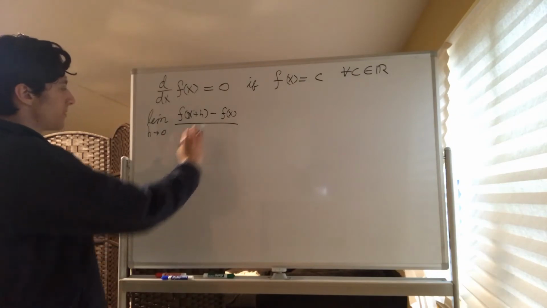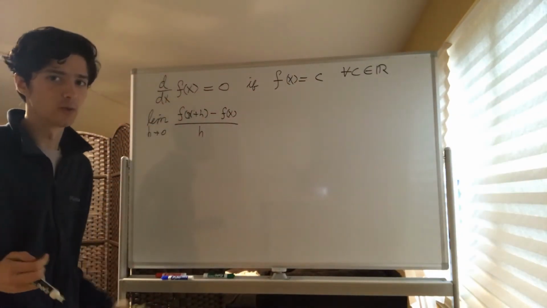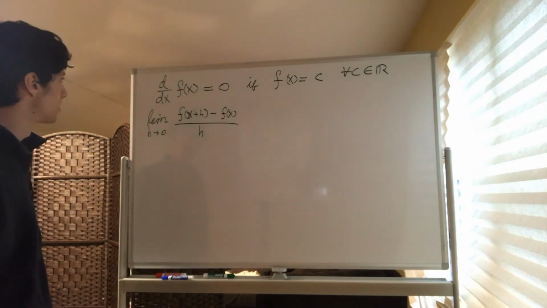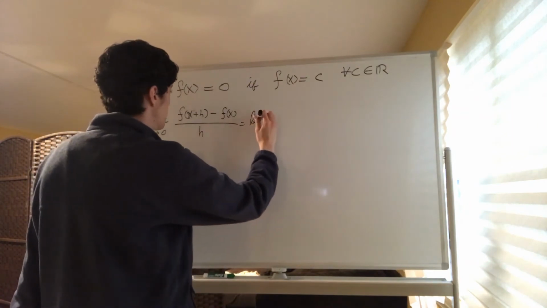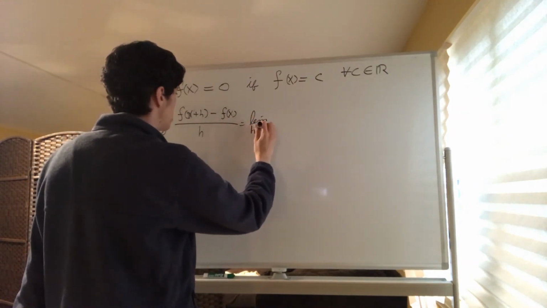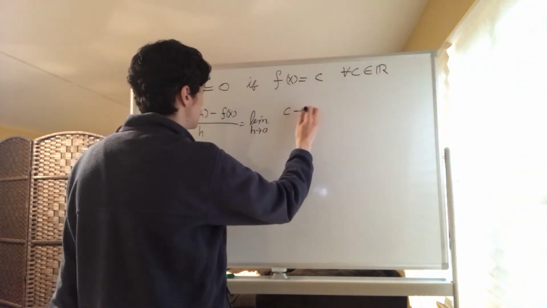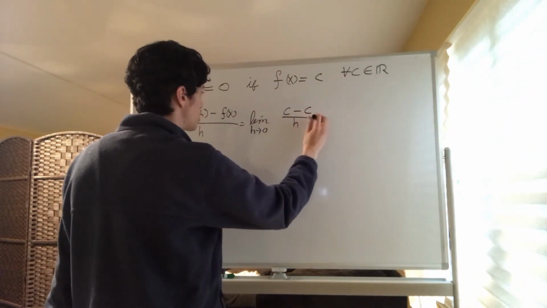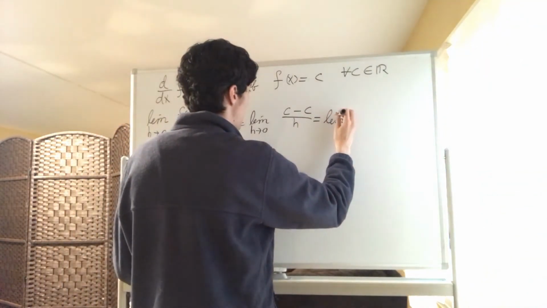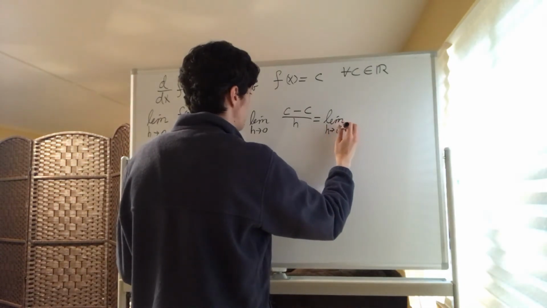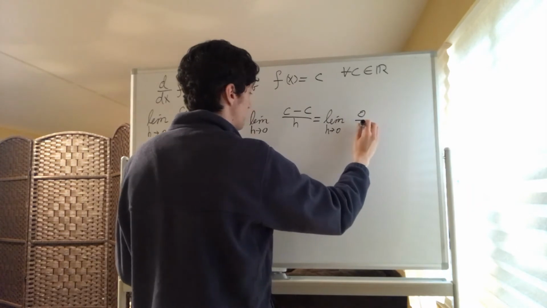So f of x is equal to c. f of x plus h is also equal to c. So we can rewrite the following as the limit as h approaches 0 of c minus c over h. So that's the same thing as the limit as h approaches 0 of 0 divided by h.